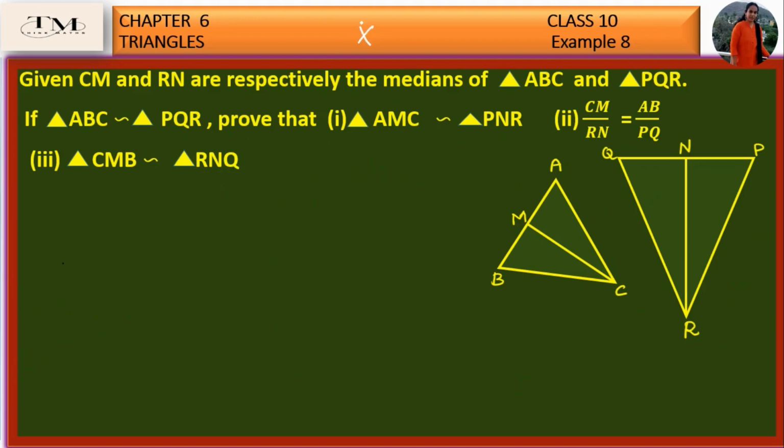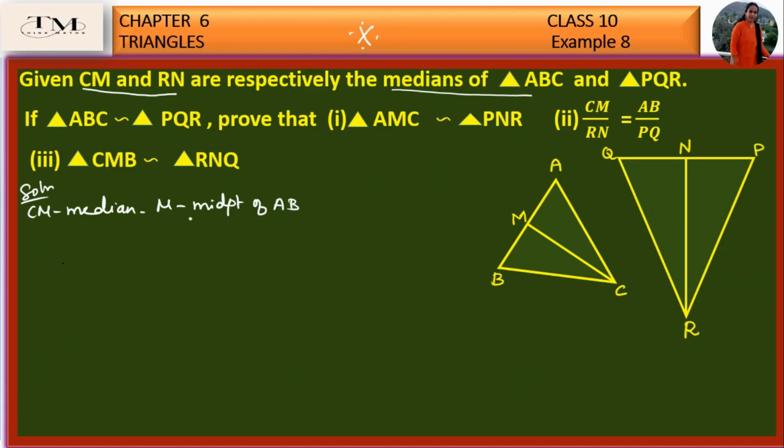So let us see what is given. This is important. CM and RN are medians. CM is the median, which means M will be the midpoint of AB.